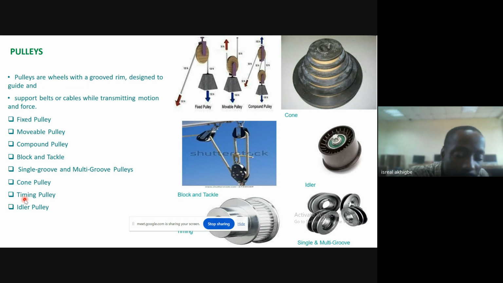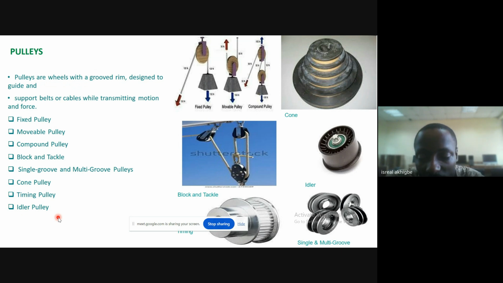And we have the timing pulley and idler pulley. Remember I mentioned the idler pulley, and I said that it also helps us. This idler pulley can also help us for tensioning, in a case where we have a belt that is not the length we want.